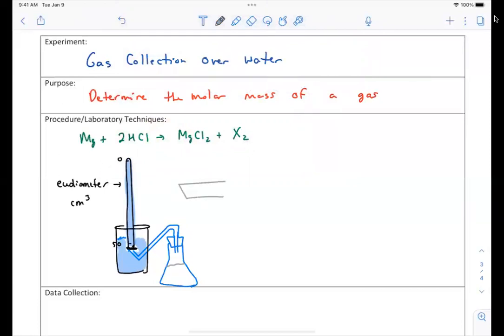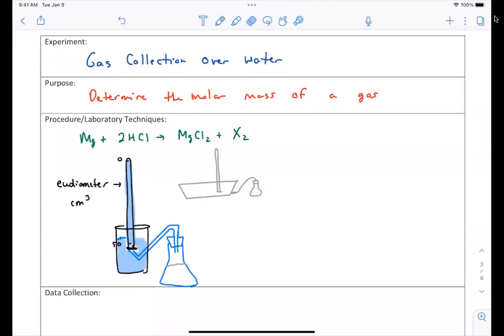So you had a trough, and the flask was hooked up to the hose, and then the eudiometer was collecting gas over that as well. And the beaker's filled with water, correct? Yes, the beaker's filled with water.